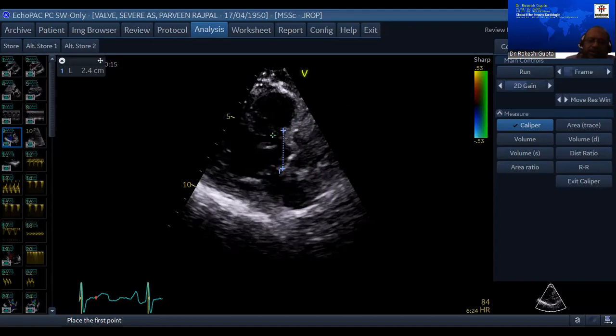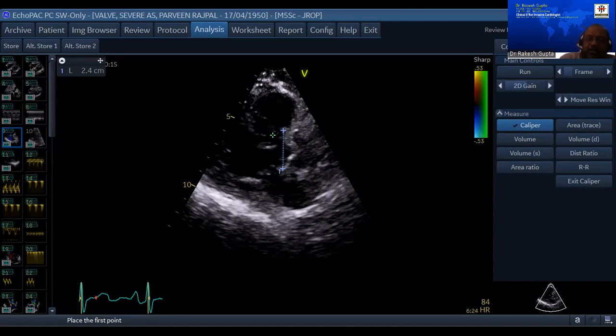So LVOT area is by pi r square, 3.14 into square of 1.2, multiplied by LVOT VTI divided by aortic valve VTI. That will give you area by continuity equation. Other parameters for aortic stenosis are concentric LVH, mean gradient more than 40, peak velocity more than 4 meters per second.